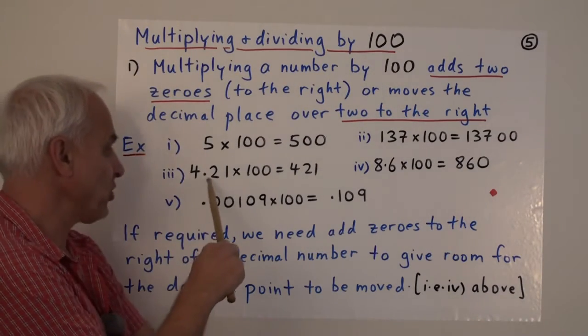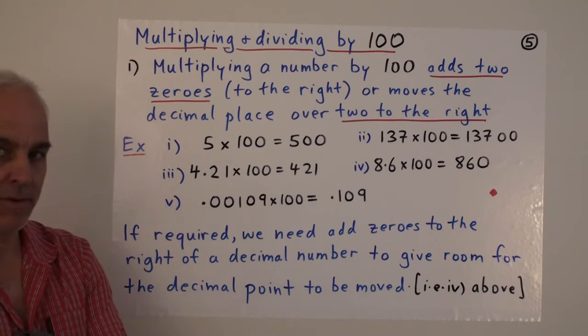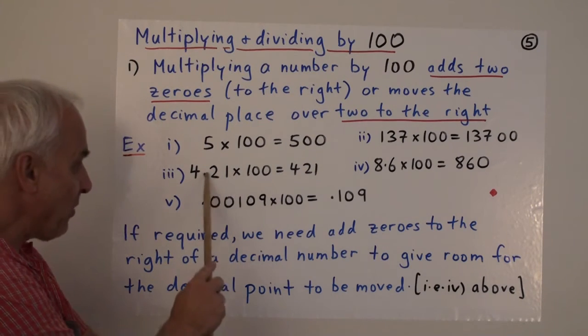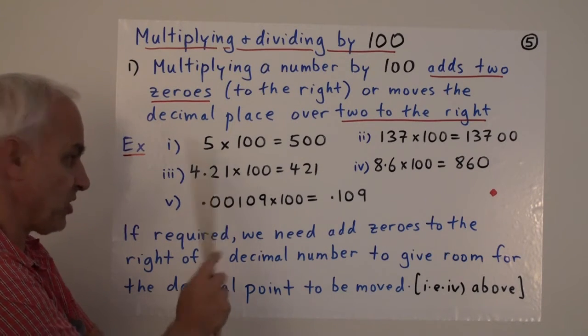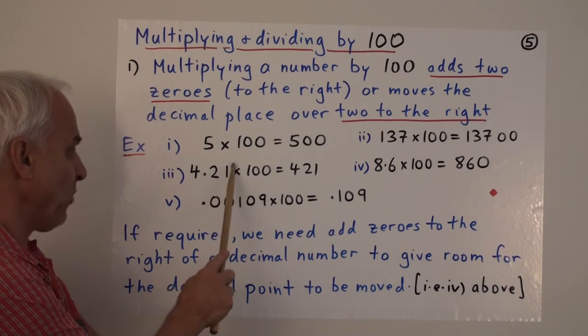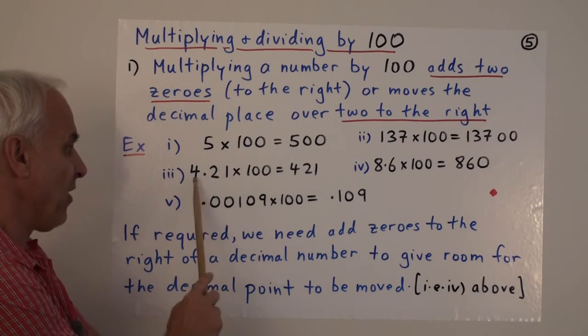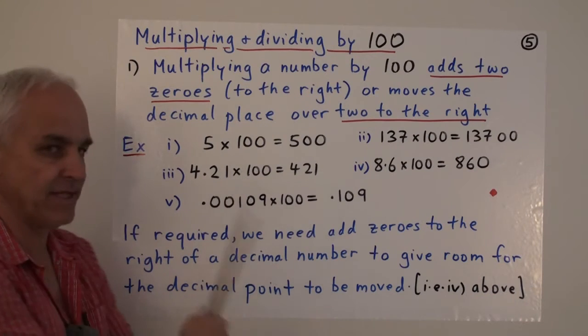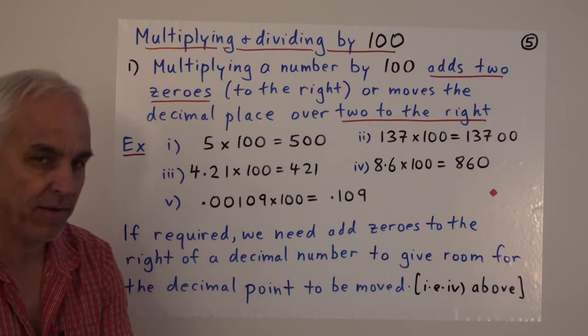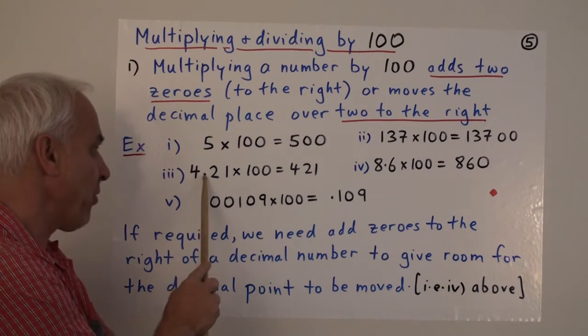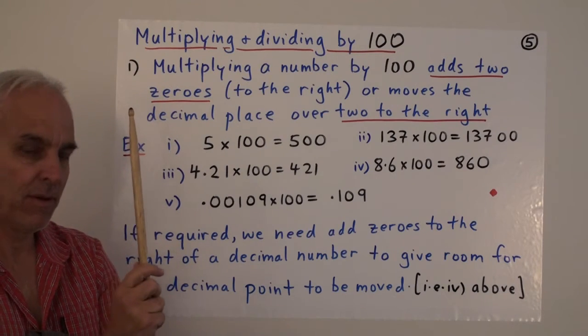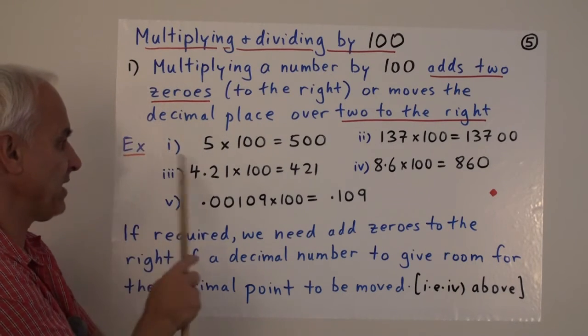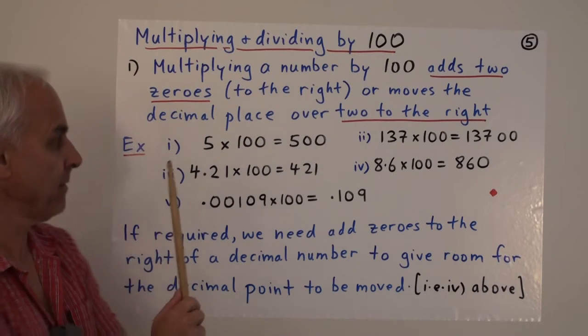How about 4.21 times 100? Well, now it's a decimal number, so it's not a question of adding zeros. Adding zeros wouldn't do anything to a decimal number like this, because 4.2100 is exactly the same as 4.21. If we have a decimal number, we have to move the decimal. That takes priority. That's the essential rule, if you like.